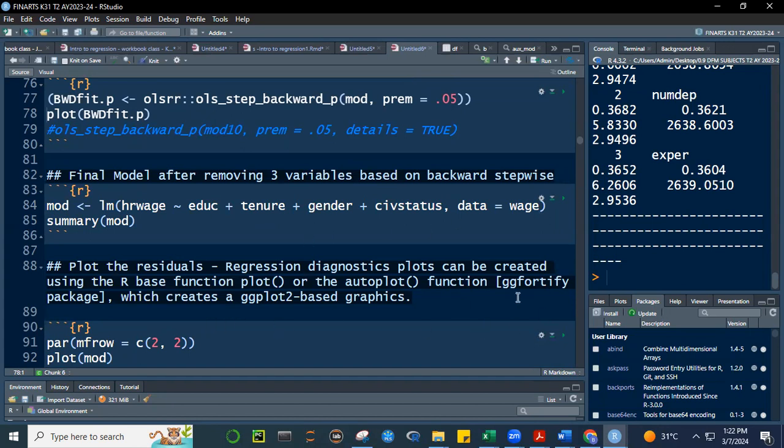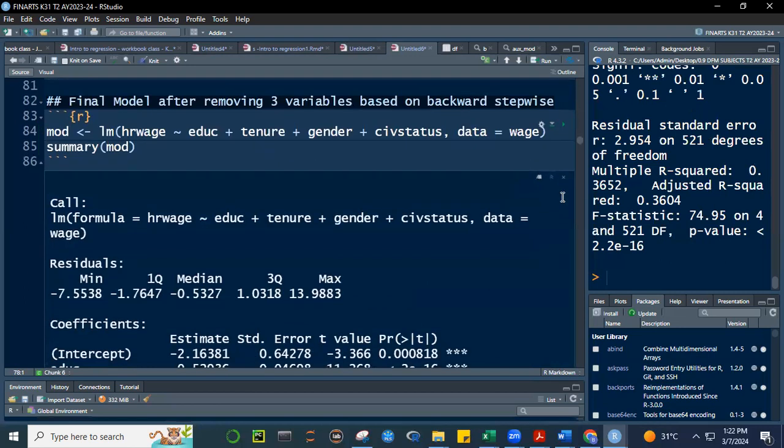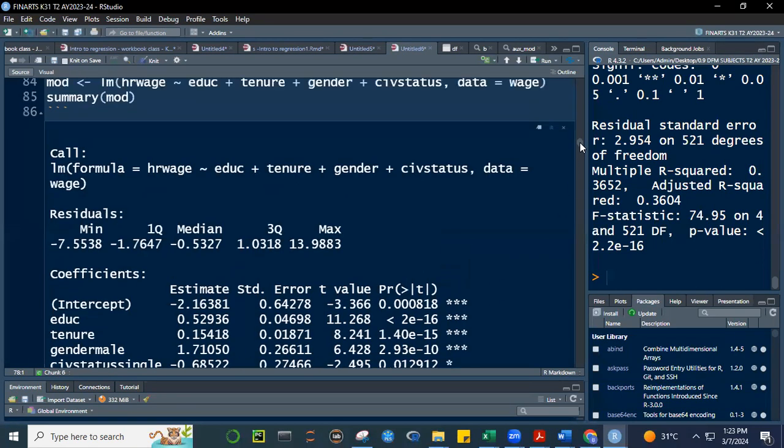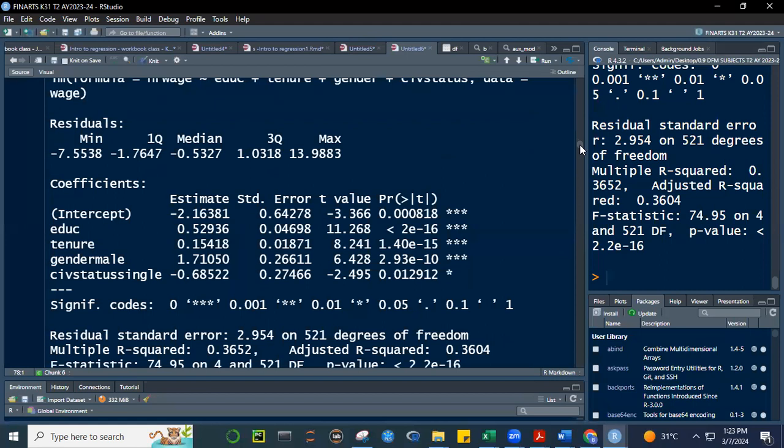All right, so with that, we now have this. This is now our final model, and we already learned how to interpret this. So let's now develop the equation for this.